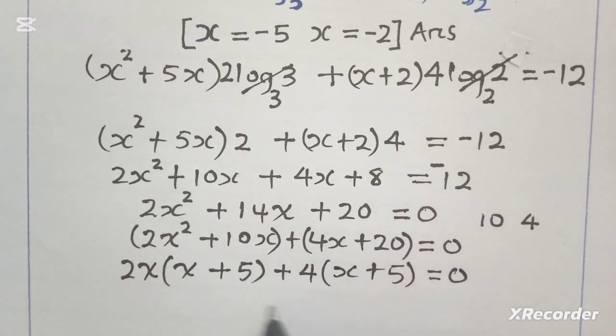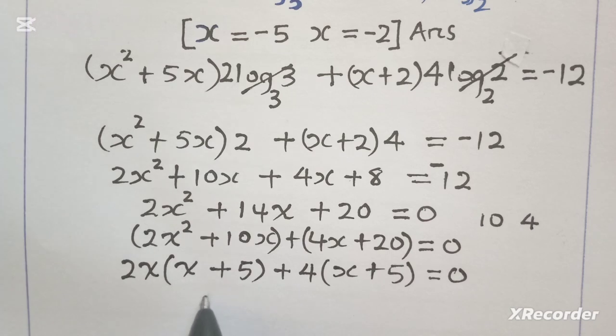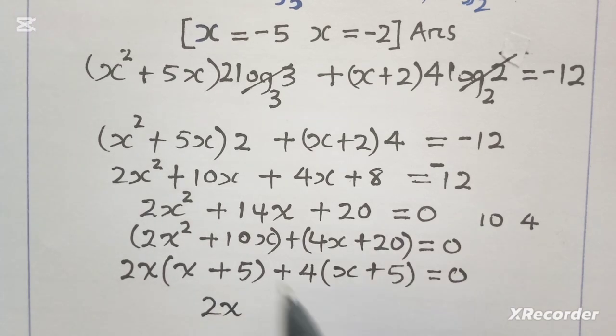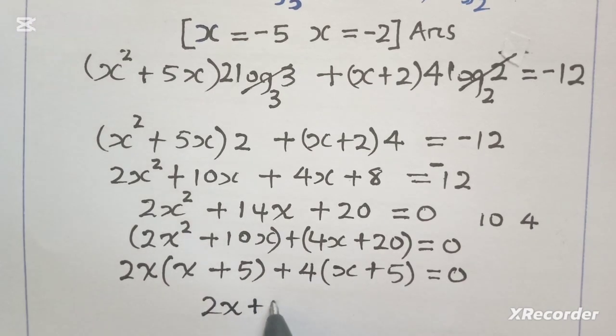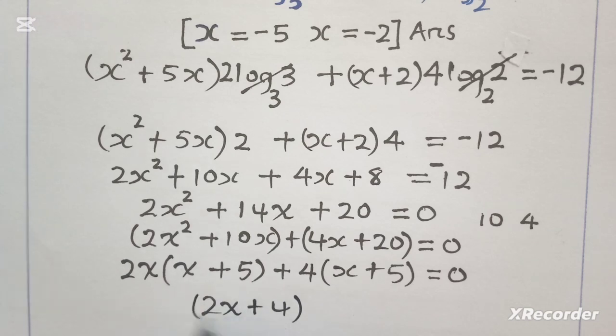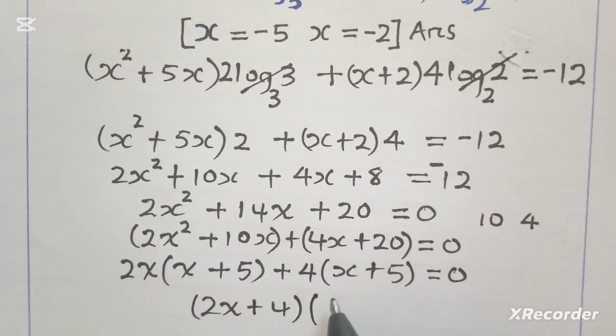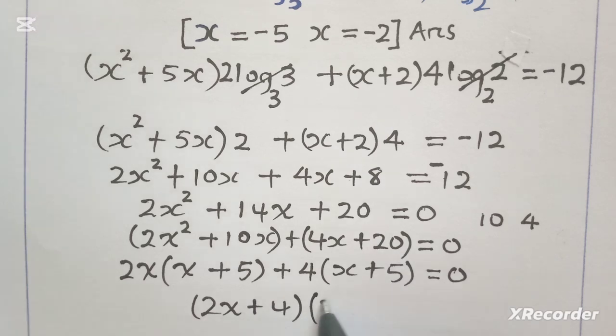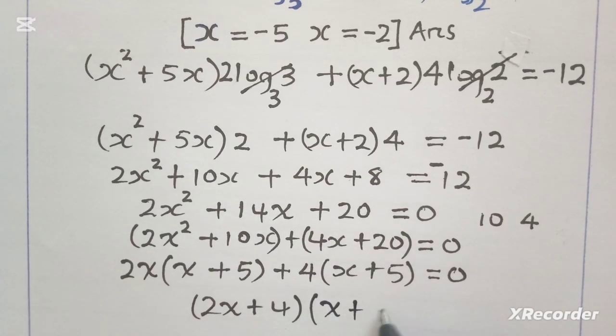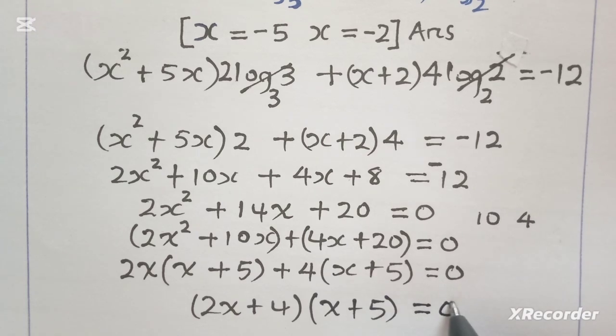So now guys, we are left with the two factors, which is 2x plus 4 bracket. Then we have here 2x x plus 5. This one now gives us 0.